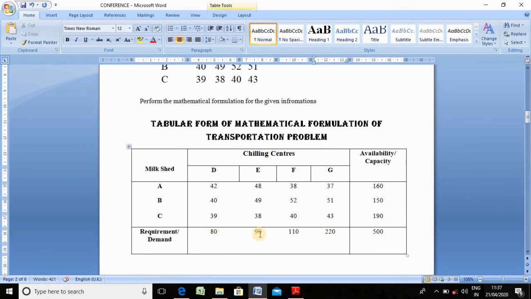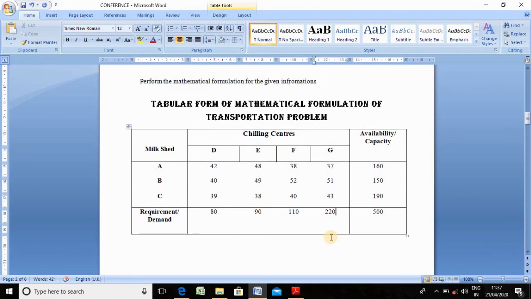So 80, 90, 110, 210 totals 500. So the total requirement and availability are the same. As I said, it's a balanced transportation problem, and you can have a feasible solution for the given information.